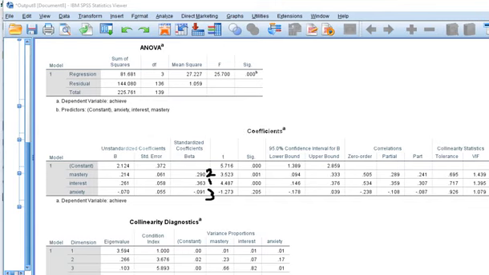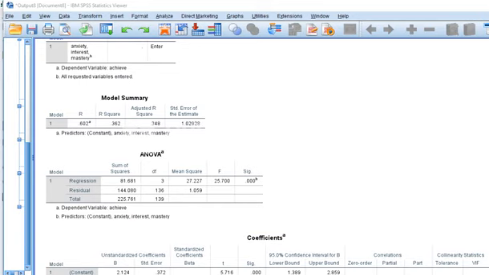Okay, so at this point, one other thing that I do want to draw your attention to, since we're already here: you'll notice that in the model summary for our regression analyses we have the R-square value, and this is essentially the proportion of variation in the dependent variable accounted for by the independent variables within our model.